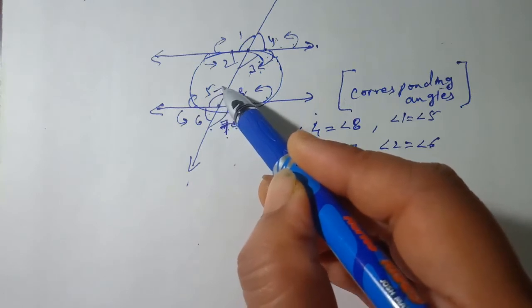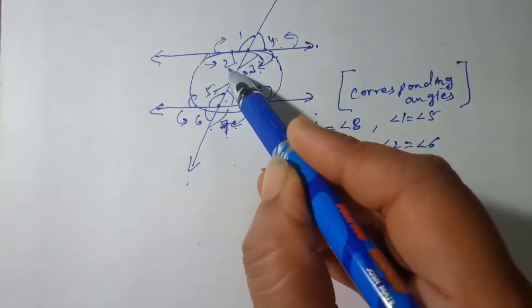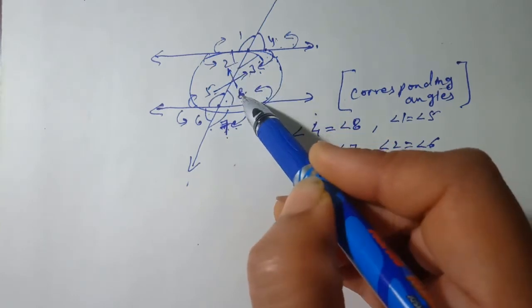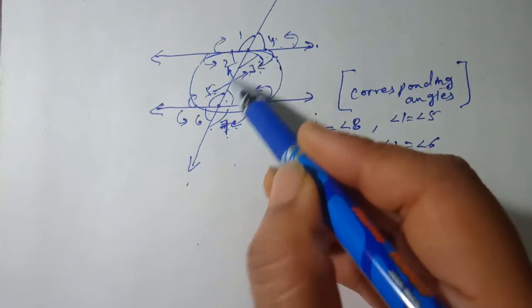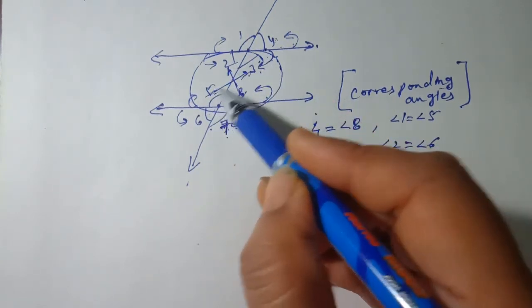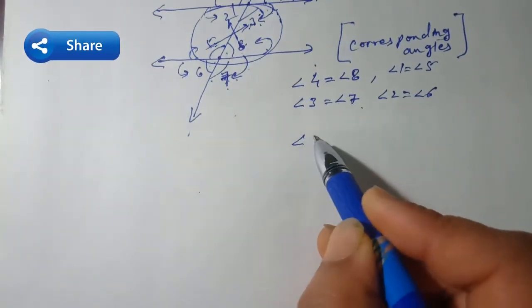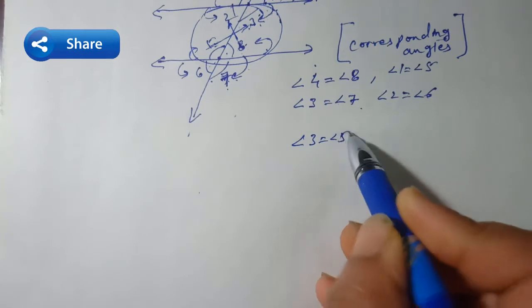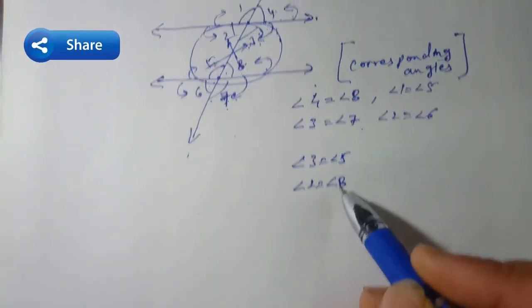If we take them crosswise, 5 and 3, 2 and 8, we are taking the interior angles only, the angles crossing the transversal. Angle 3 is equal to angle 5 and angle 2 is equal to angle 8.